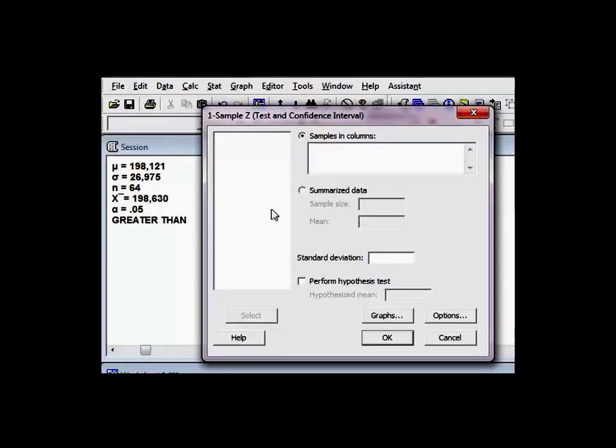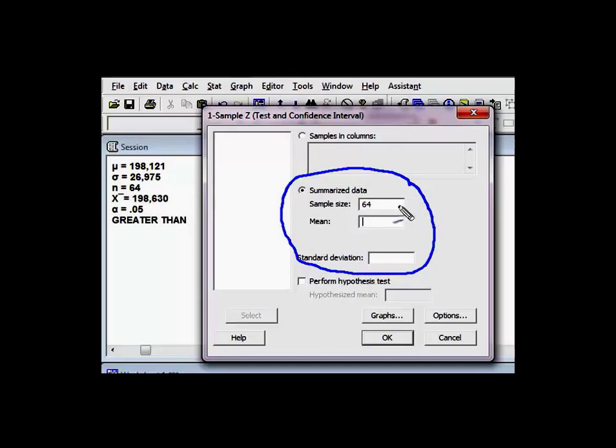All right, and I'm going to begin to plug in the information that I have from where I read out the problem. So I do not have data in columns, so I'm going to use summarized data. First thing I want to know is, what is my sample size? Well, n is 64. You will notice that everything right here has to do with my summarized data, right?